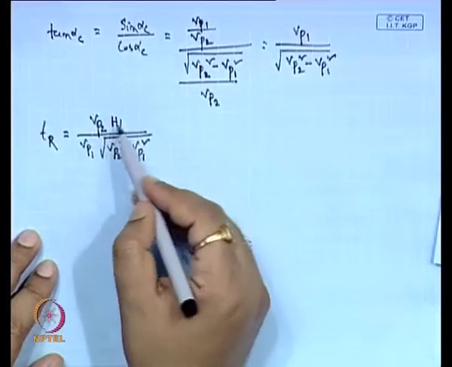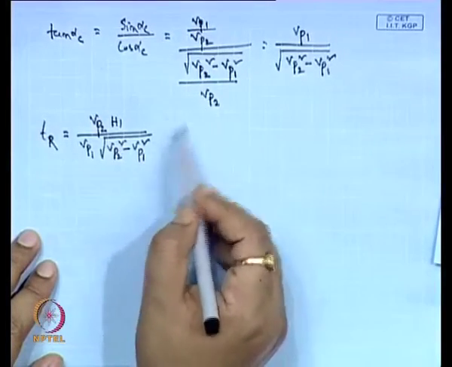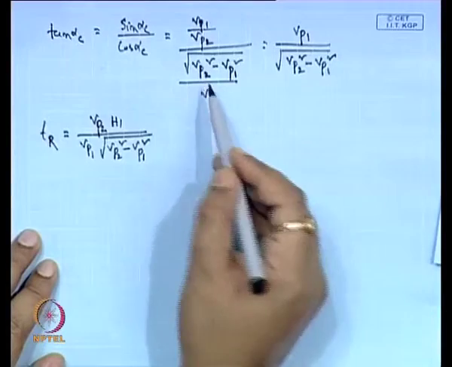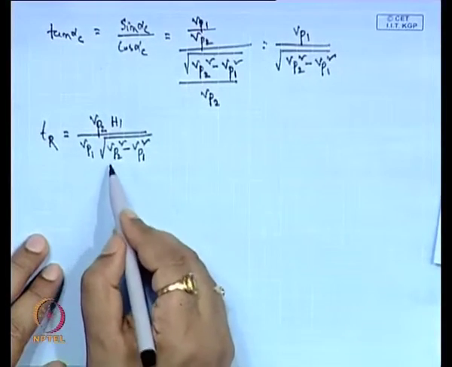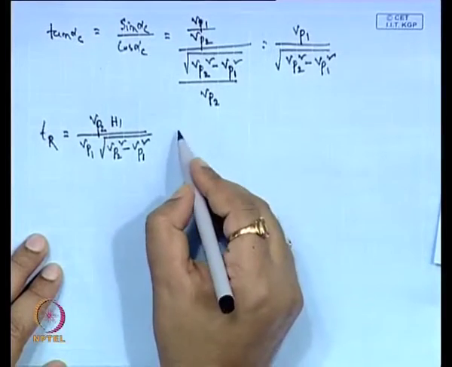So, we have to put the cos value here, cos is root over V p 2 square minus V p 1 square divided by V p 2.